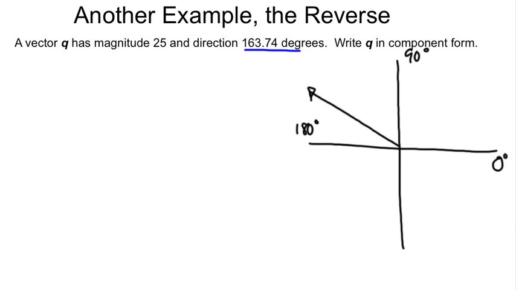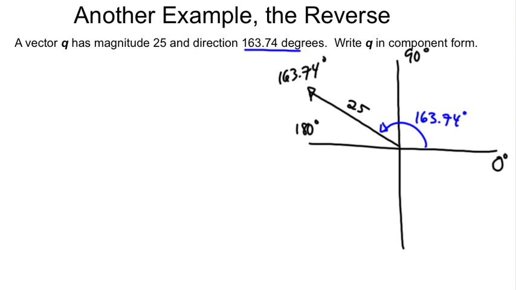Somewhere over here-ish is going to be 163.74 degrees. Or if we start over here and we work our way around, what we've got is 163.74 degrees. And then we also know that this has a magnitude of 25, or a length of 25.